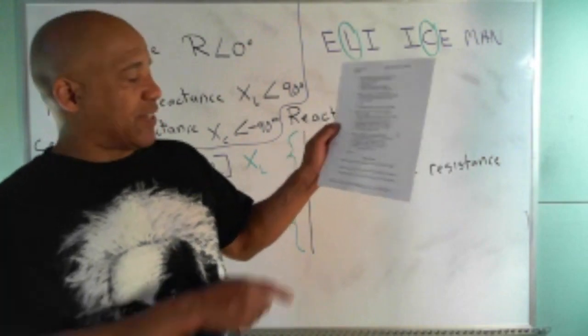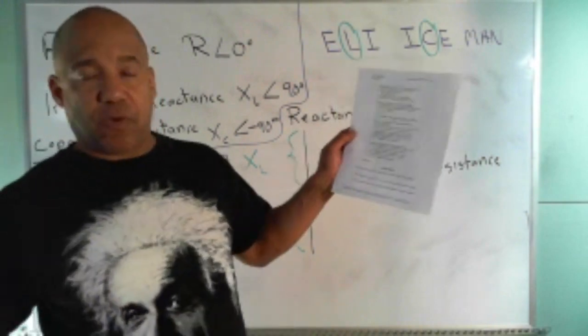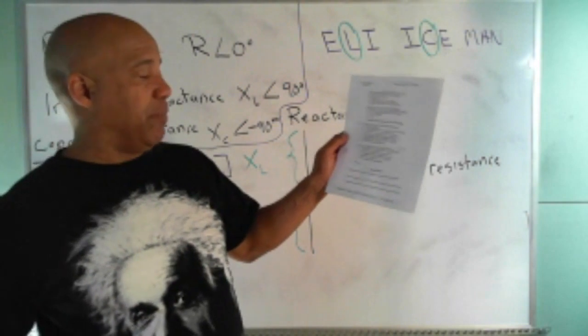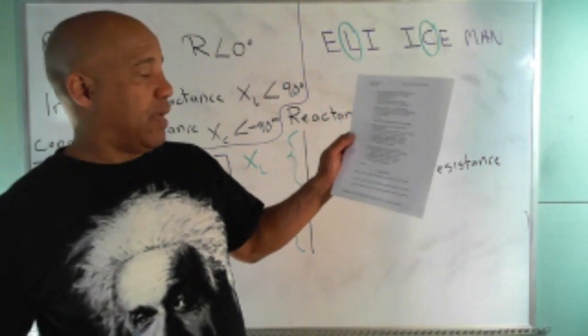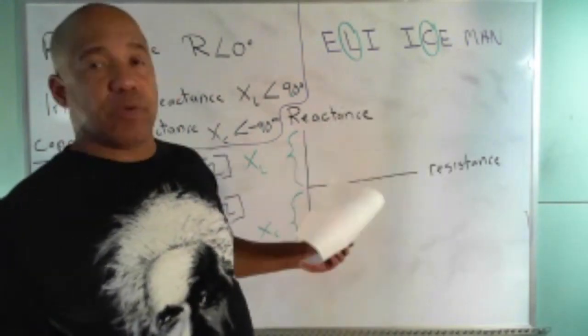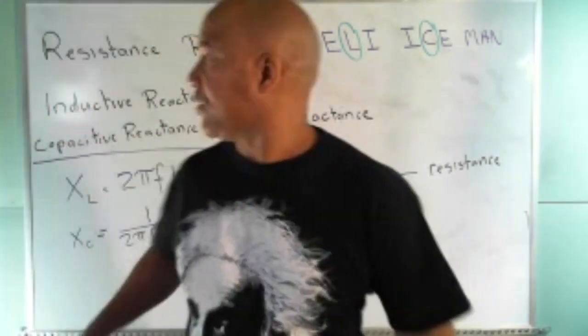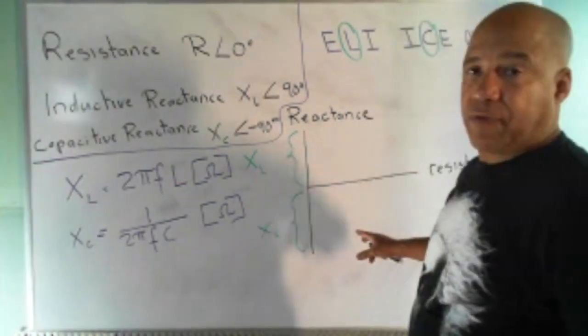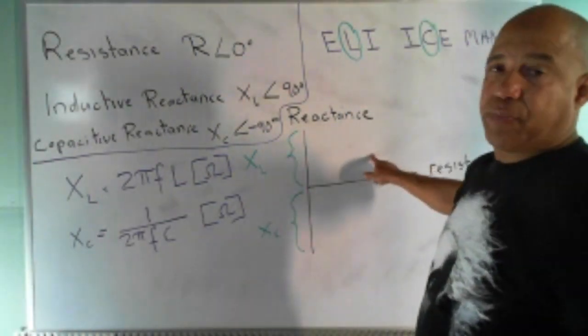And I've actually done the practice problems for you at the very bottom of this, which is basically drawing graphs from the differential equations to help us understand where these angles come from. But this diagram right here is important.